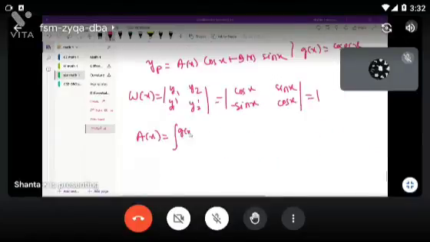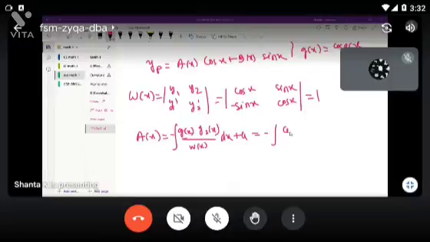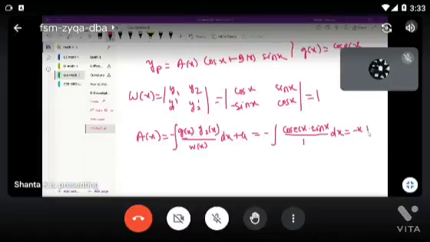So A of x is minus y2 g of x divided by the Wronskian. So this is cosec x, y2 is sin x. So this is 1 in the numerator, and in the denominator we have 1. So it is minus x plus c1.